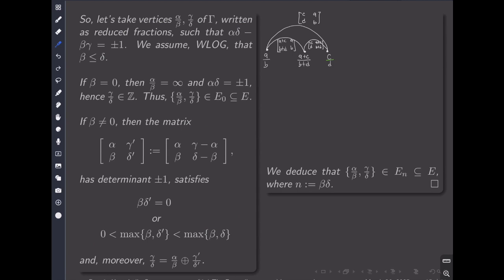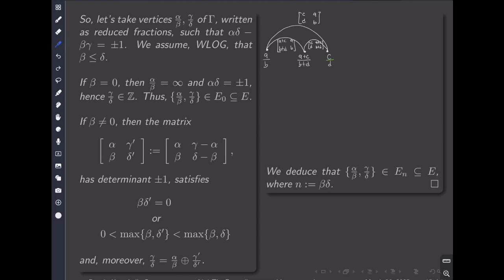So this means that given a rational number, as long as I can find another rational number such that the determinant is plus or minus 1, both of them will be vertices of gamma. But for a rational number, written in reduced fraction, I can always find such another rational number, because these two are coprime, so there's a Z-linear combination of them equal to 1, and then I just arrange that as if it was a determinant.